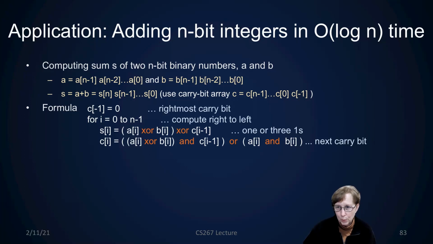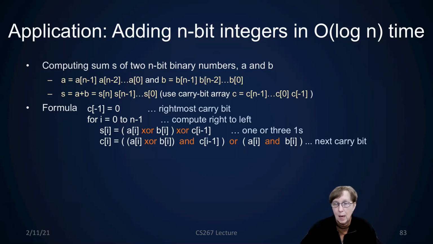Now I'm not going to go through the logic of this, but maybe it's easier to do the sum one because it doesn't have quite so many terms in it. If you're looking at what the output is going to be, you need to look at three things. You need to look at the carry bit that's coming from your right, the C minus first carry bit, and then you're looking at the bits at position I in both A and B. Basically, if one or three of those are ones, you're going to end up with a 1 in this position.